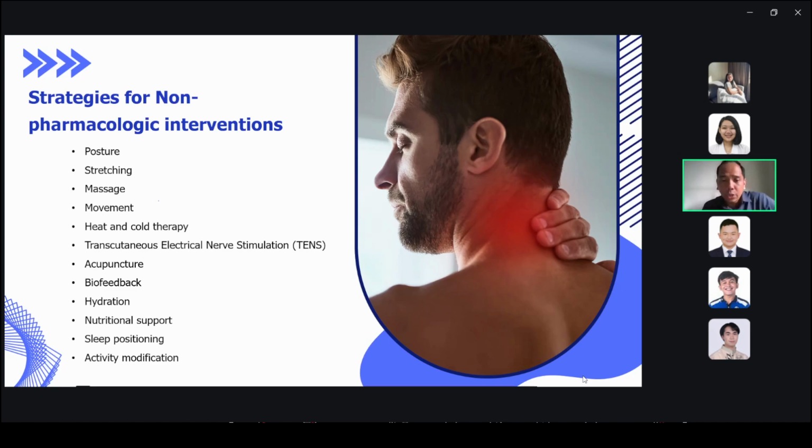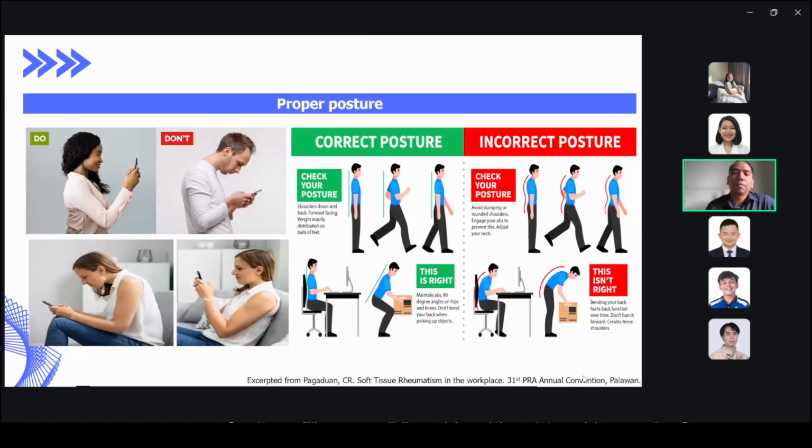Then acupuncture, biofeedback, hydration, nutritional support, because myofascial pain syndrome involves nutritional deficiencies, especially calcium, then electrolytes, proper sleep position and sleep hygiene, as well as activity modification. So if you are involved in sports or more strenuous activities, you also need stretching, warming up, and cooling down.